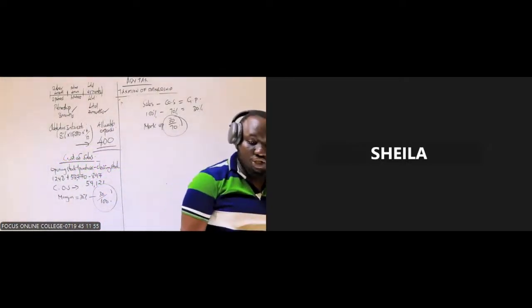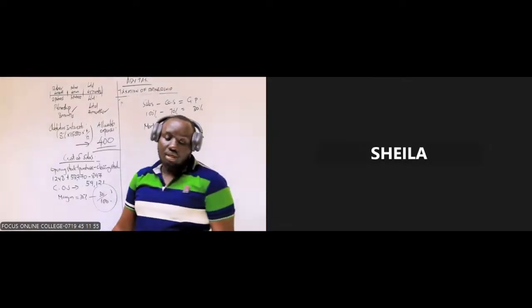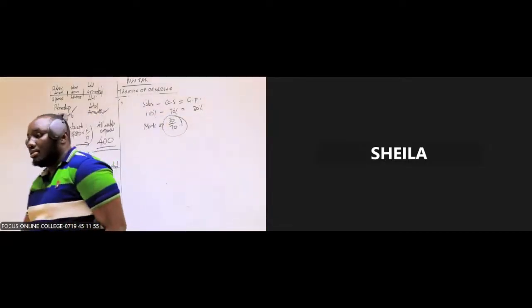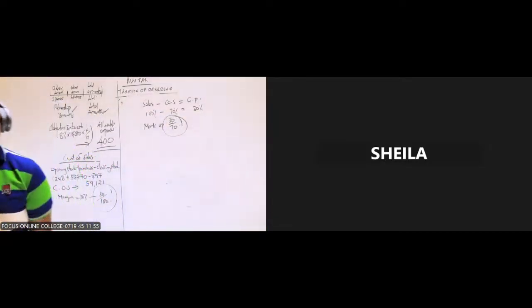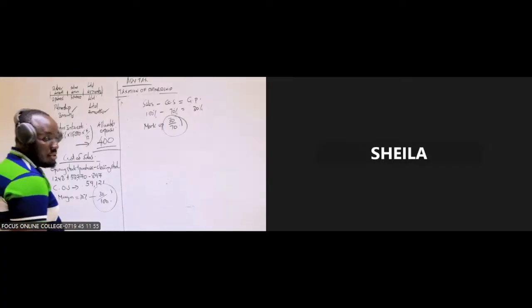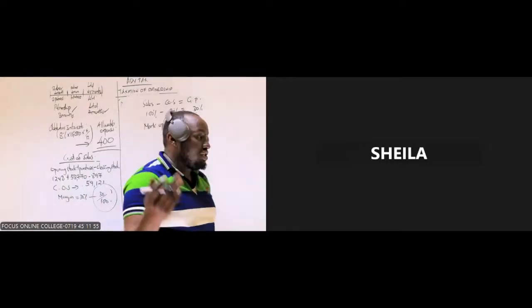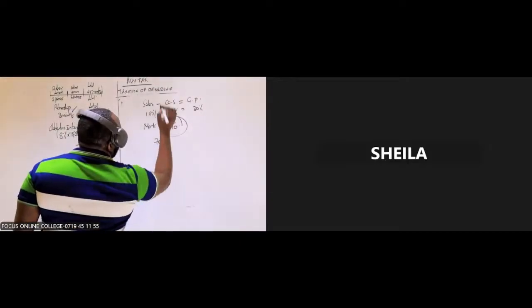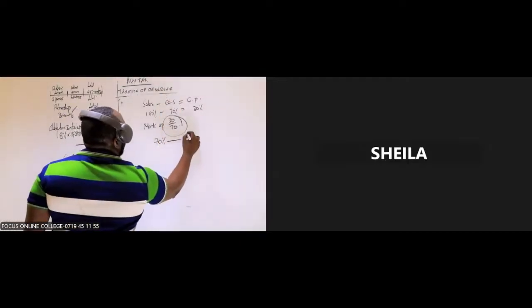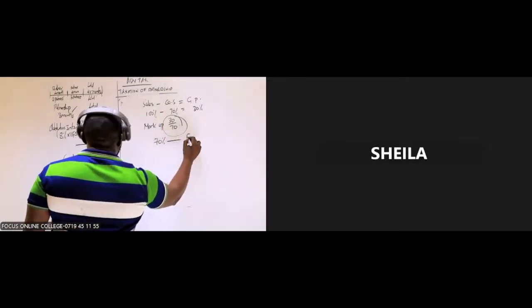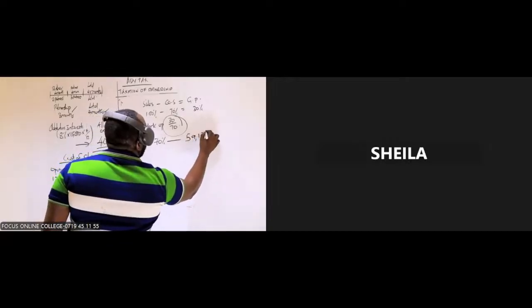Give me a yes if you're together. Perfect. So I can get the gross profit by simply understanding that 70% is equivalent to 59, 1 to 1.